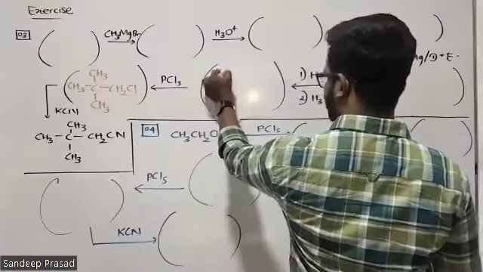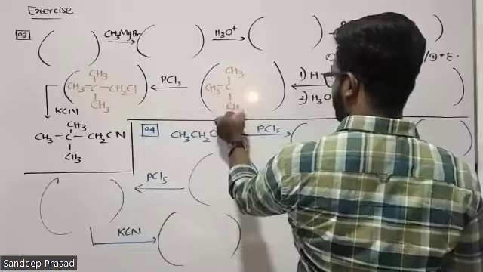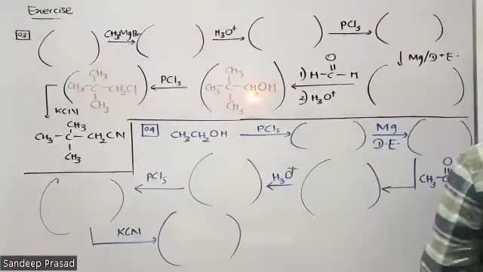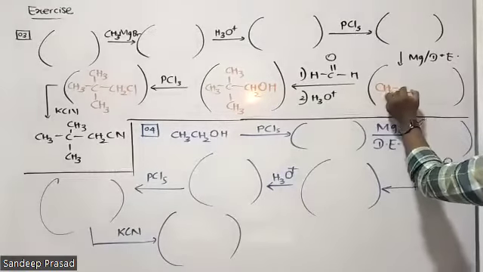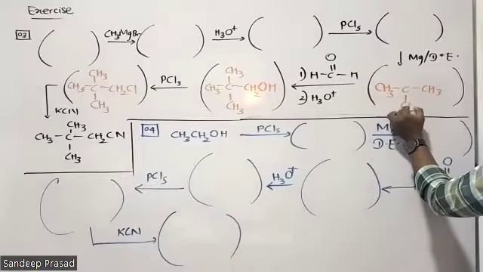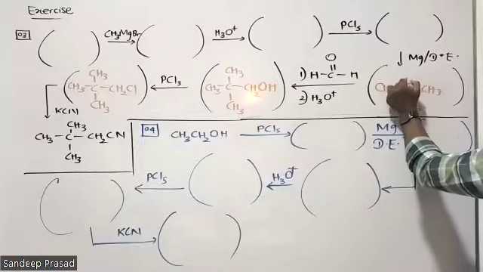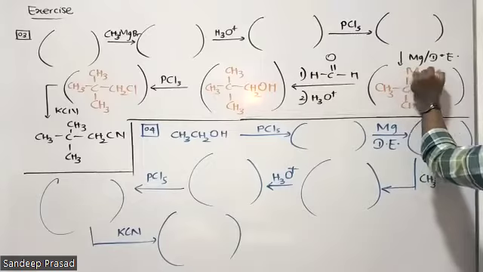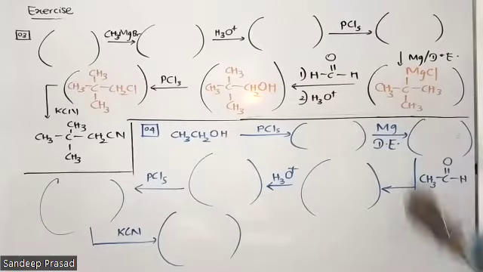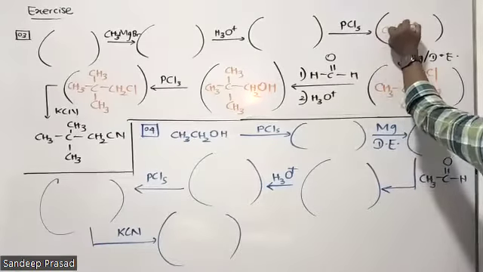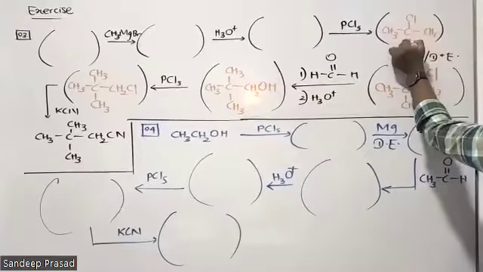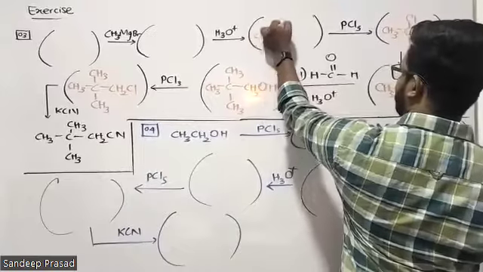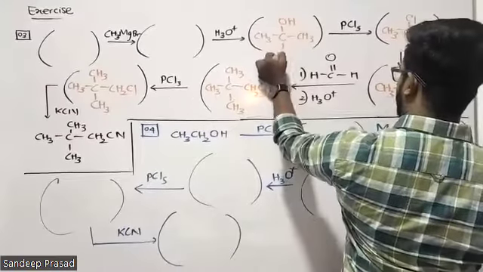Then definitely they have added this one and CH3 MgCl, Grignard reagent. Then this kind of a tertiary alkyl halide was there. So this is alcohol, tertiary alcohol.